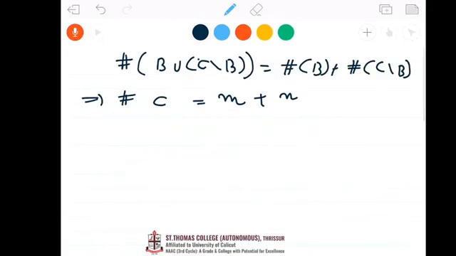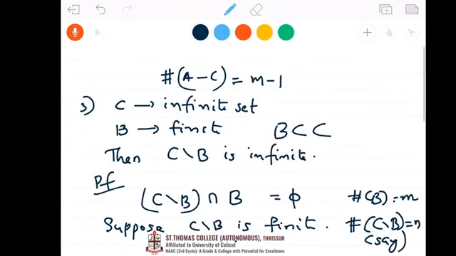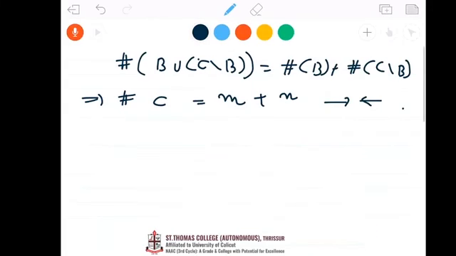If C contains m plus n elements, it is a finite set. So this is a contradiction, since C is an infinite set. So why did we arrive at such a contradiction? Because we assumed that C minus B is finite. So our assumption is wrong. That means C minus B is infinite.